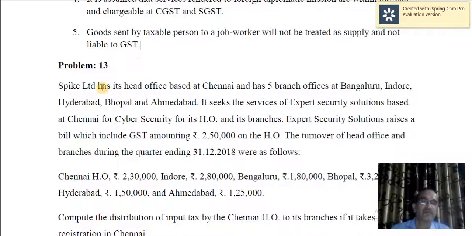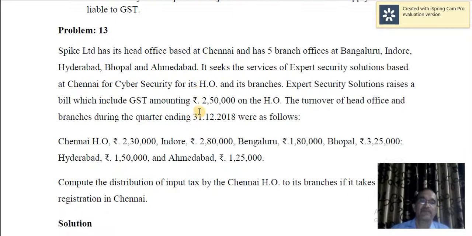Now we'll move on to one more problem. Spike Limited has its head office based at Chennai, has 5 branch offices at Bangalore, Indore, Hyderabad, Bhopal and Ahmedabad. It seeks the service of Expert Security Solutions based at Chennai for cyber security for its HO, its head office and its branches.